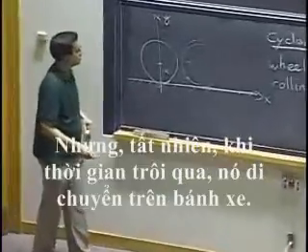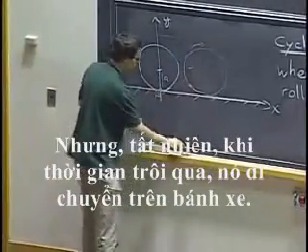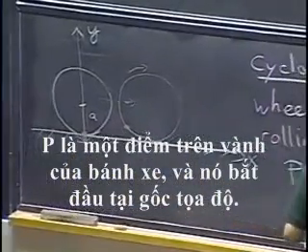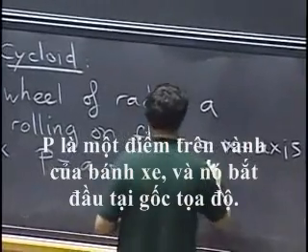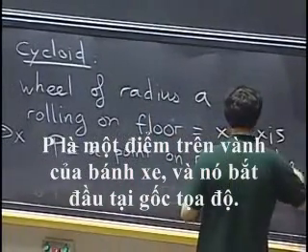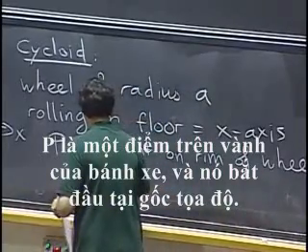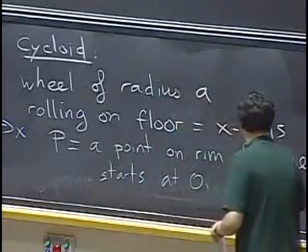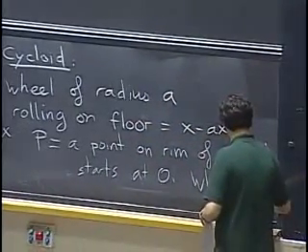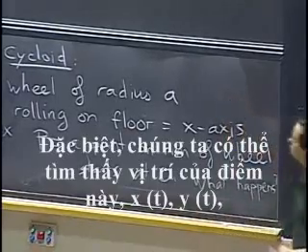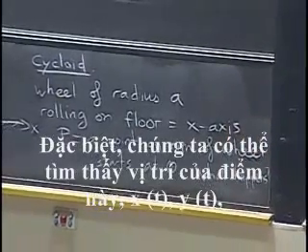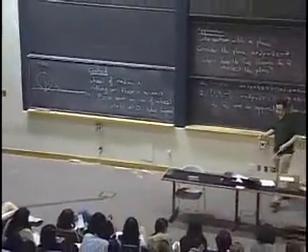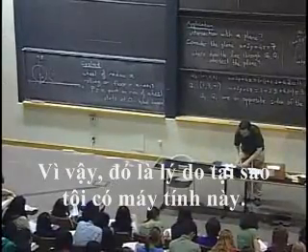Initially, it's at the origin. But of course, as time goes by, it moves on the wheel. So P is a point on the rim of the wheel, and it starts at the origin. So the question is, what happens? In particular, can we find the position of this point, x of t, y of t, as a function of time?